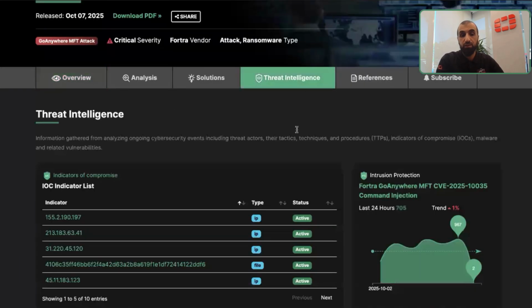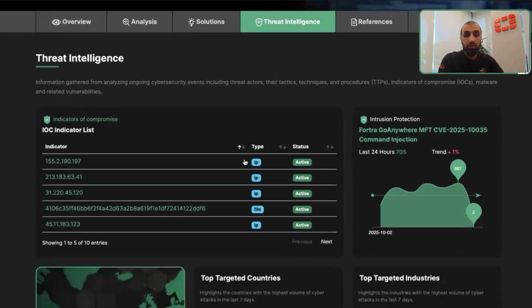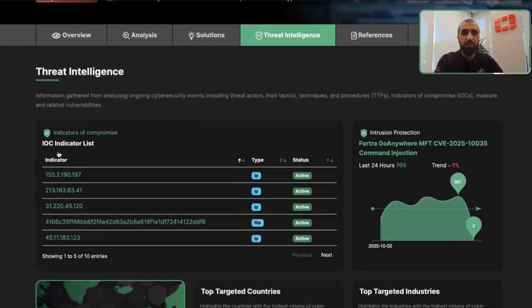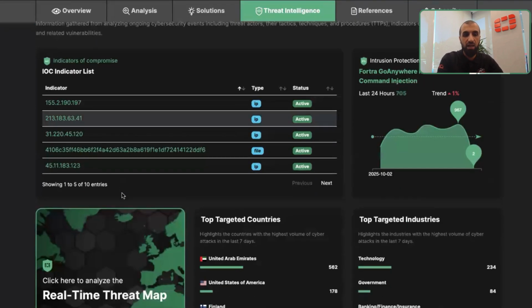If we go to threat intelligence, our globally deployed sensors already observed several attack attempts. As you can see here, we have different indicators of compromise, including but not limited to IP addresses, domain names, and file hashes.